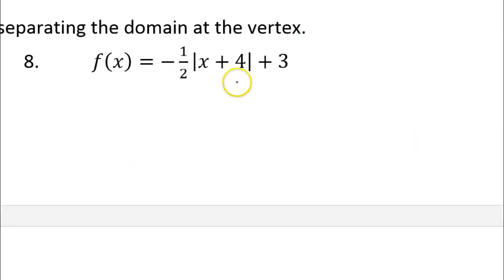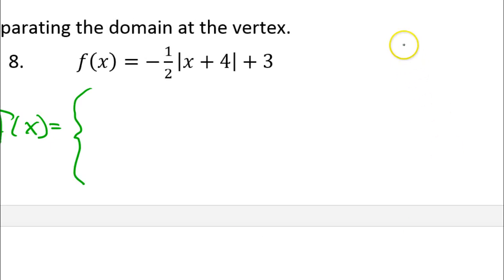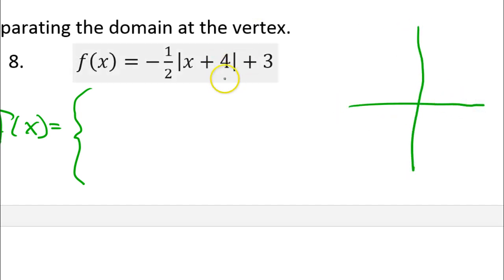All right, so let's try doing number 8 without graph paper. So we'll have f of x equals, we'll get our piecewise ready. Now off to the side, we will do our graph. All right, our vertex is going to be negative 4, comma 3. All right, that's our vertex.